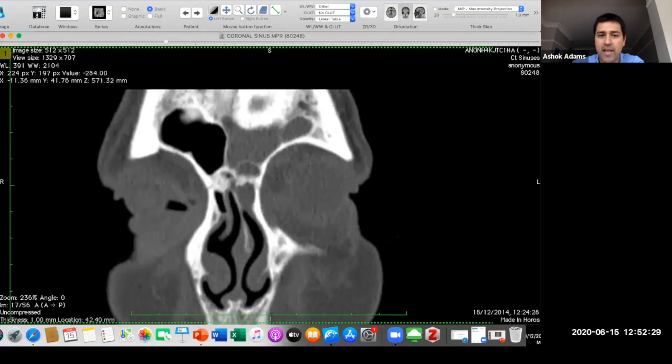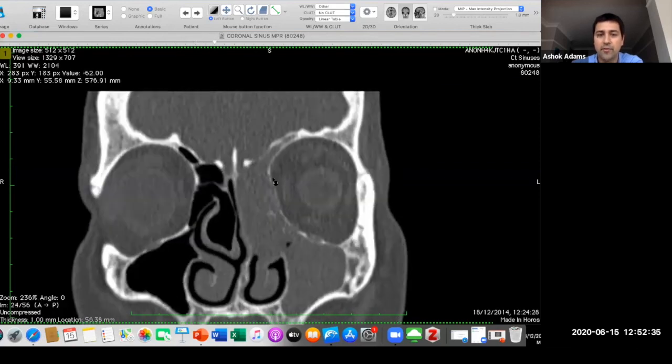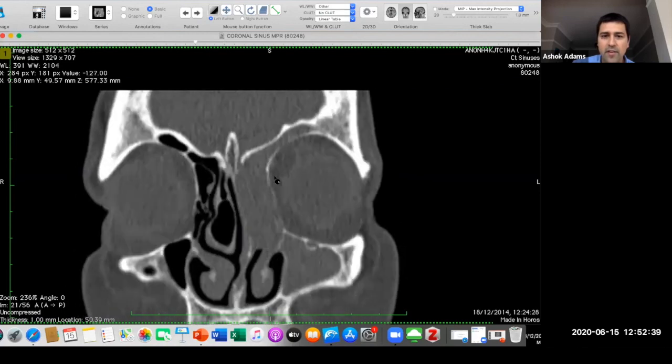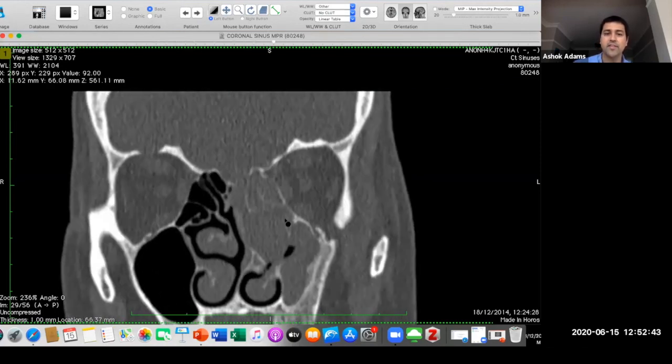So in terms of working out where your agger nasi cell, ethmoidal bulla, supraorbital cell are, it can be really difficult. Even here you can see the bony channel for the anterior ethmoidal artery. So in answer to your question, when you've got a pansinusitis, it can be very difficult, and no, not always, you can't make it out.